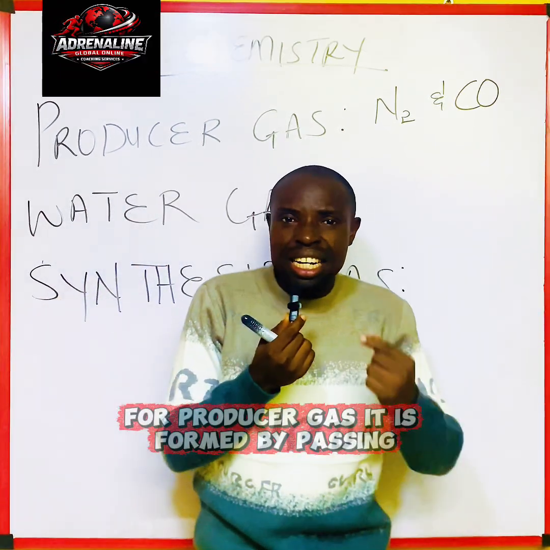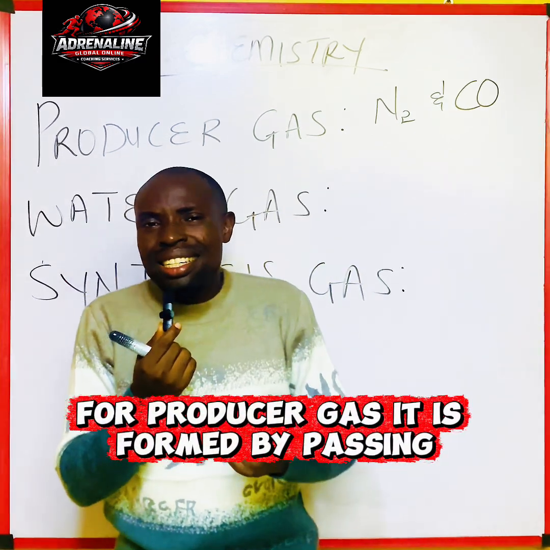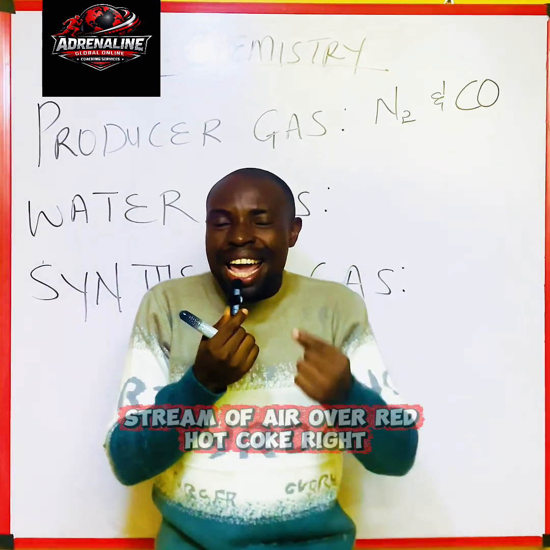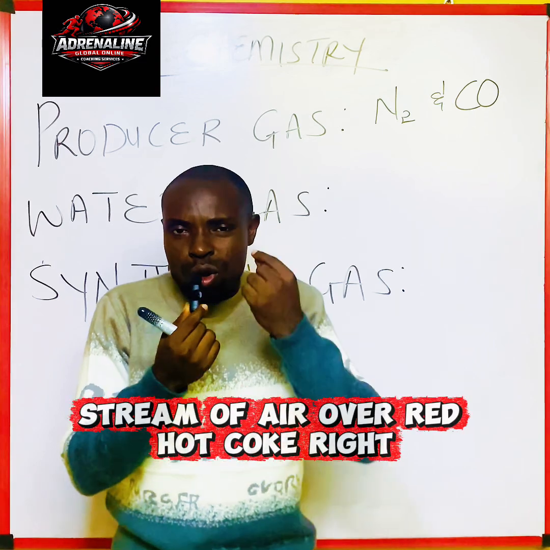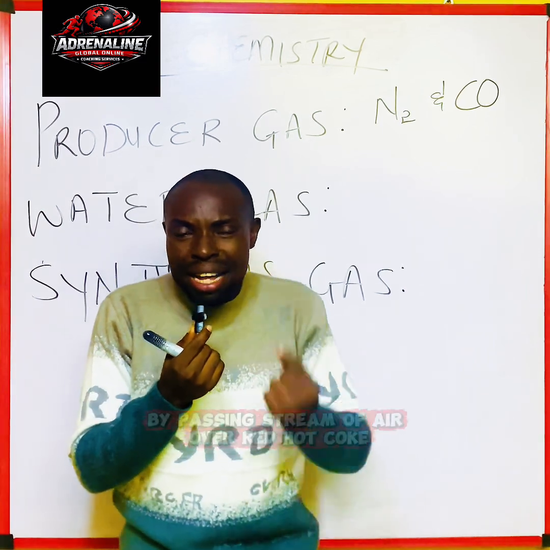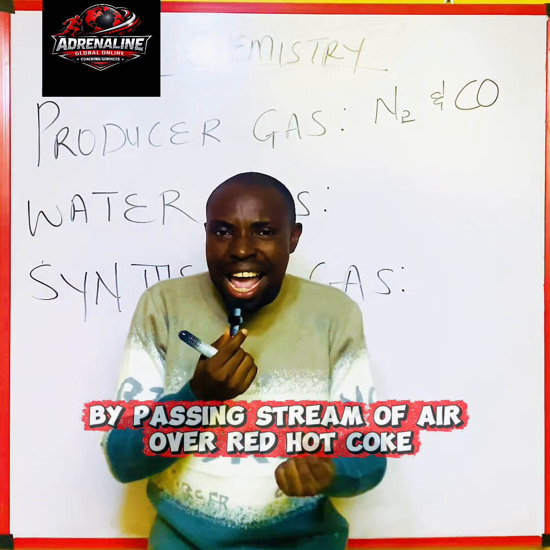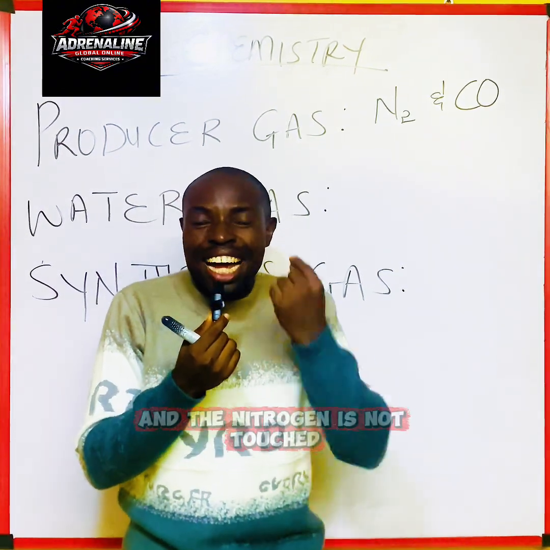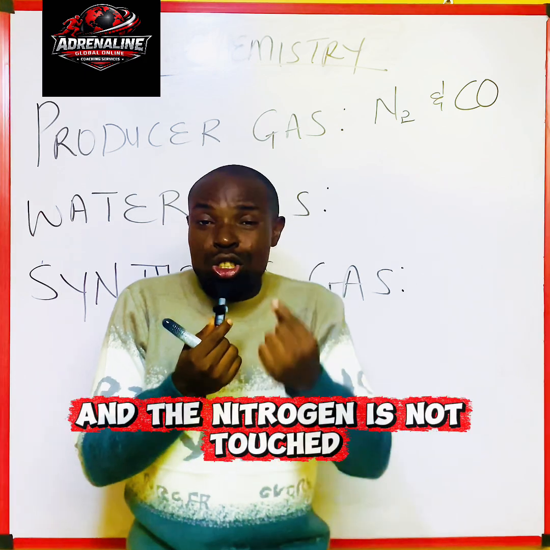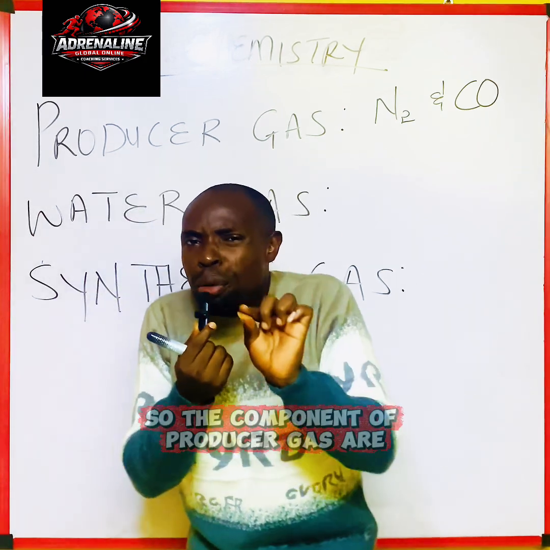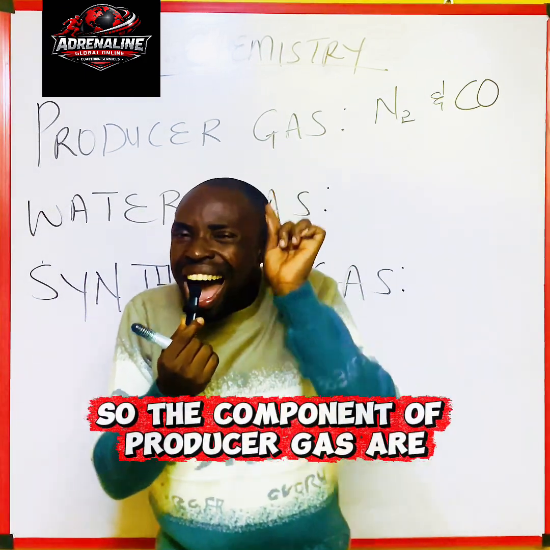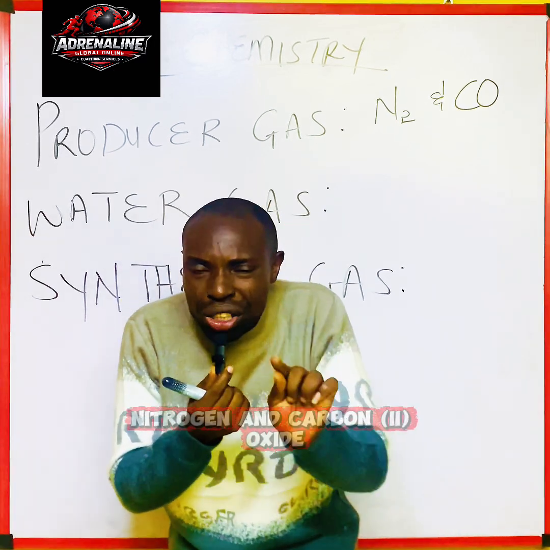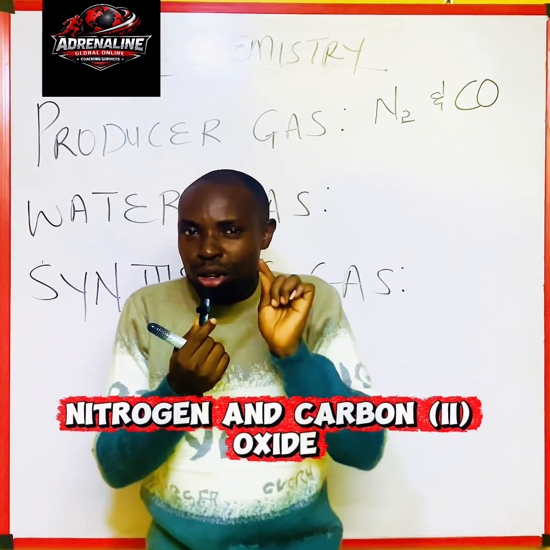For producer gas, it is formed by passing stream of air over red hot coke, and the nitrogen is not touched. So the components of producer gas are nitrogen and carbon monoxide.